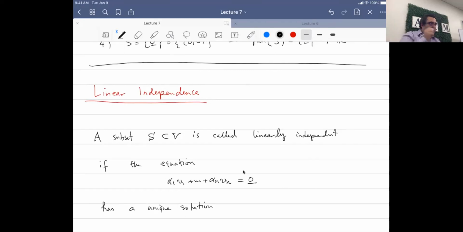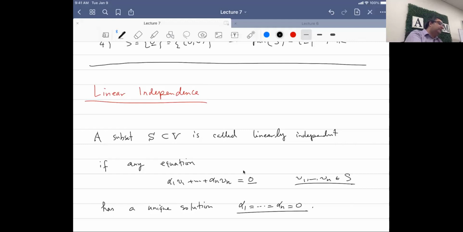It's all zeros, because that is a solution. Here all the v1 to vn are selected from S, of course. Maybe instead I should say: if any linear combination of some vectors in S produces the zero vector, the only way you can do that is by putting all the alphas equal to 0, and no other way will do that for you.